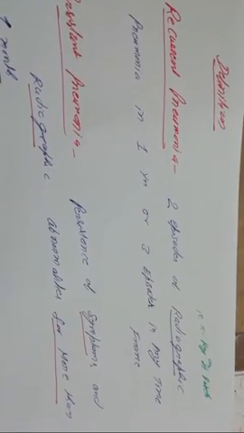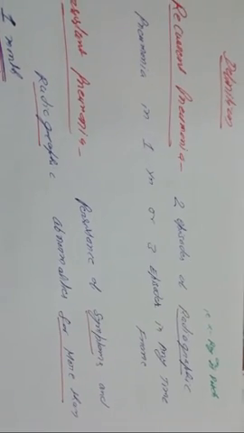First, what do you mean by recurrent pneumonia? Pneumonia is nothing but an inflammation of the lung. We call it recurrent pneumonia when there are 2 episodes of radiographic pneumonia. What do you mean by radiographic pneumonia? That means if you find a patch on the x-ray, the opacities, the patches of consolidation.